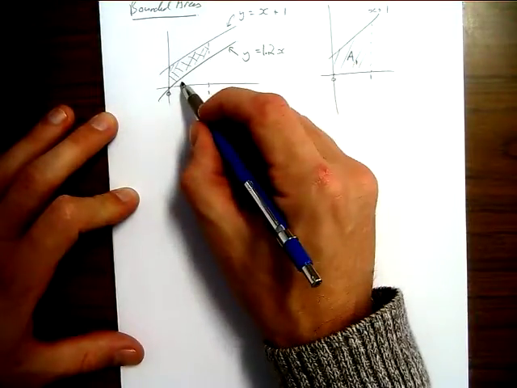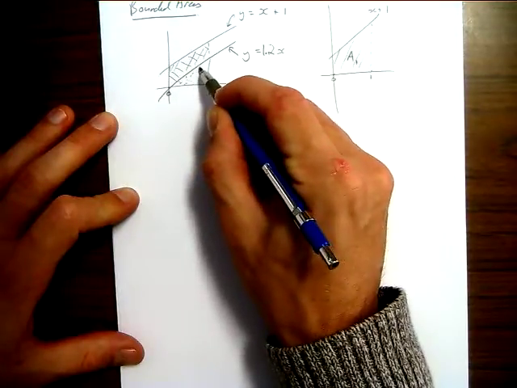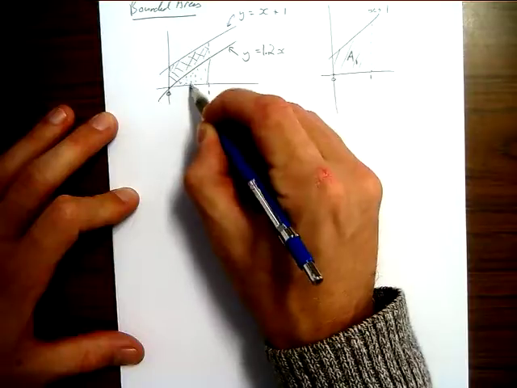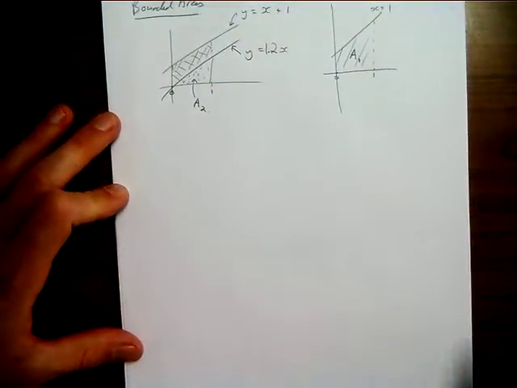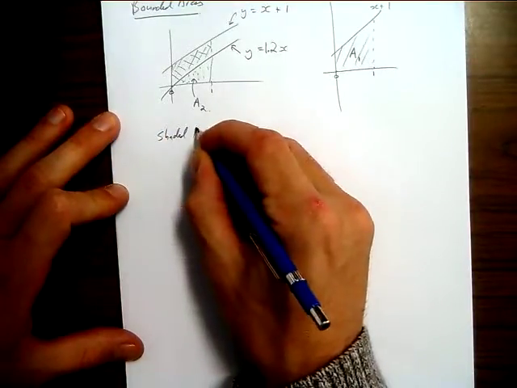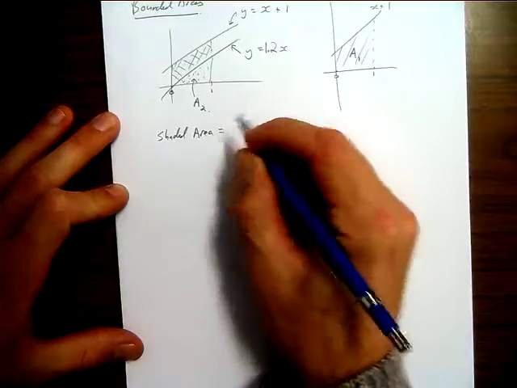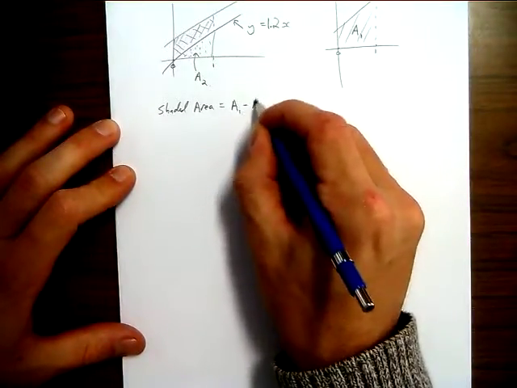This area under here, we'll just dot it in so it doesn't get confusing. We'll call that A2. So we can see that our total shaded area is going to be A1 take away A2.